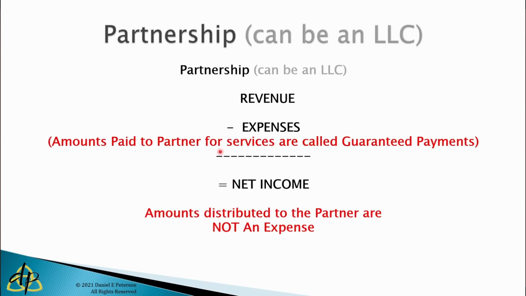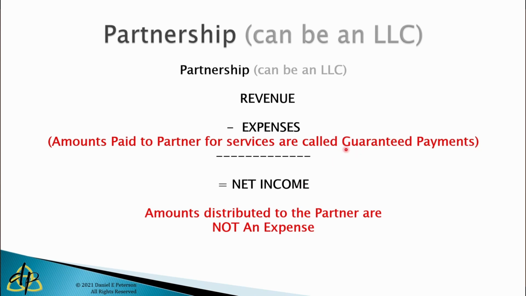So partnerships' revenues minus expenses equals their net income. Their guaranteed payments that are made to the partner are expenses of the partnership, thus reducing the net income that gets reported amongst the partners. Distributions to the partners are not an expense of the partnership.